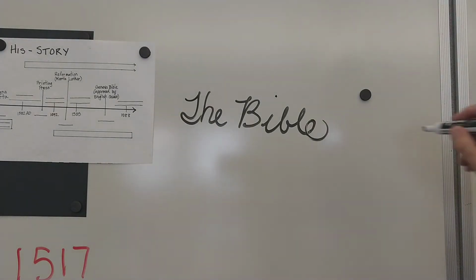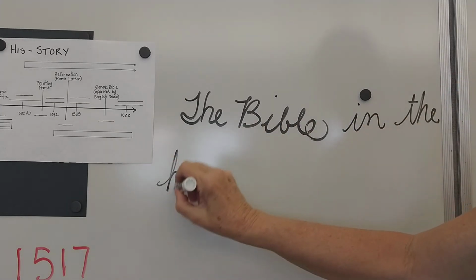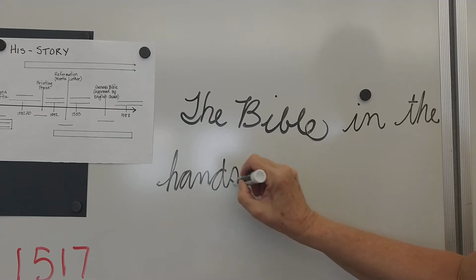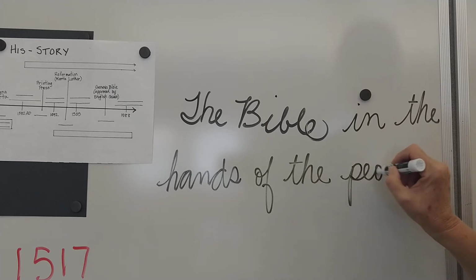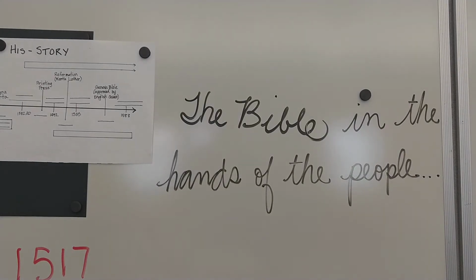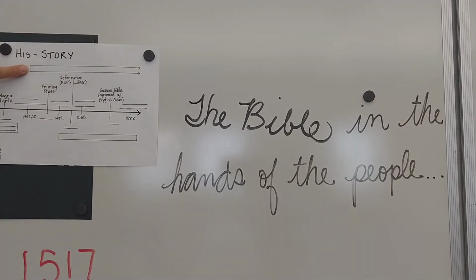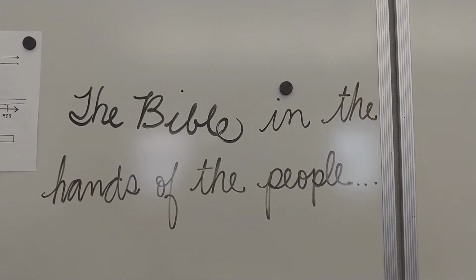It's still in the hands of the people. It's still going on. So put that in this box right here. The Bible in the hands of the people. Super, super important event in history.